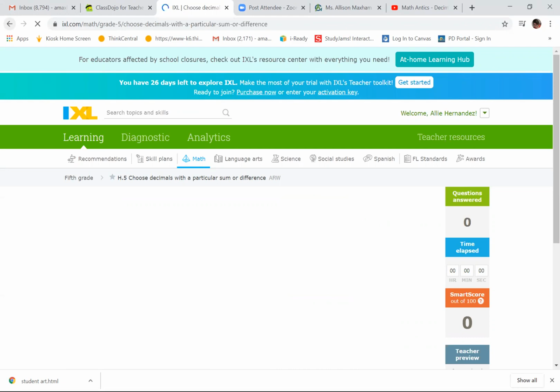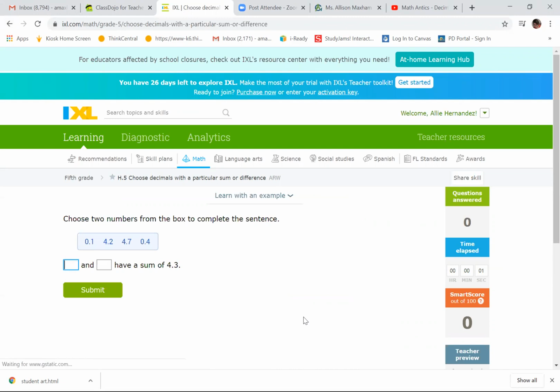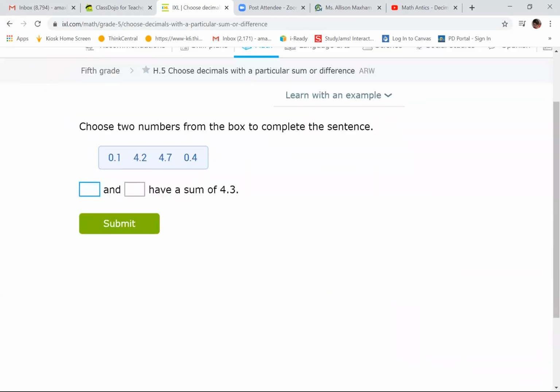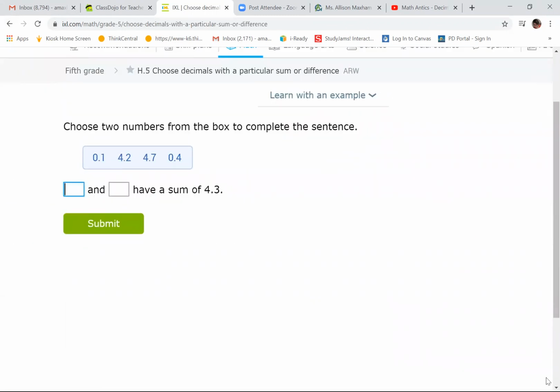It says choose two numbers from the box to complete the sentence. Blank and blank have a sum of 4 and 3/10.